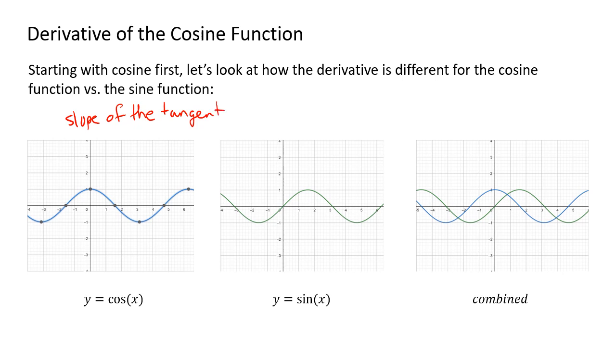So starting with cosine at point 0, our slope is 0, and hey, it lines up with the sine function. At the next point, our slope is negative, because it's going in the downward direction. And what you'll see here is that it's actually showing positive 1 on the sine function, so a little bit different.